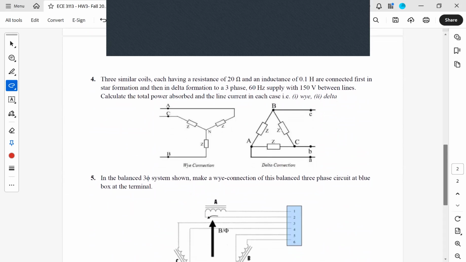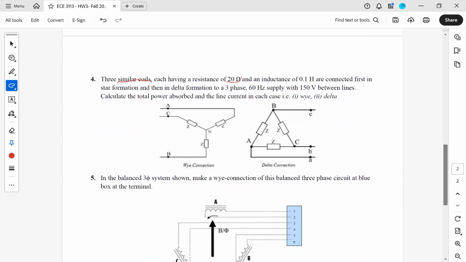Now, in question 4, the question told us that we have 3 similar coils. When it says similar, it means balanced, okay? Each having a resistance of 20 ohm and an inductance of 0.1 Henry. And they are connected first in a star formation, so this is Y connection, star connection, and then in a delta connection.